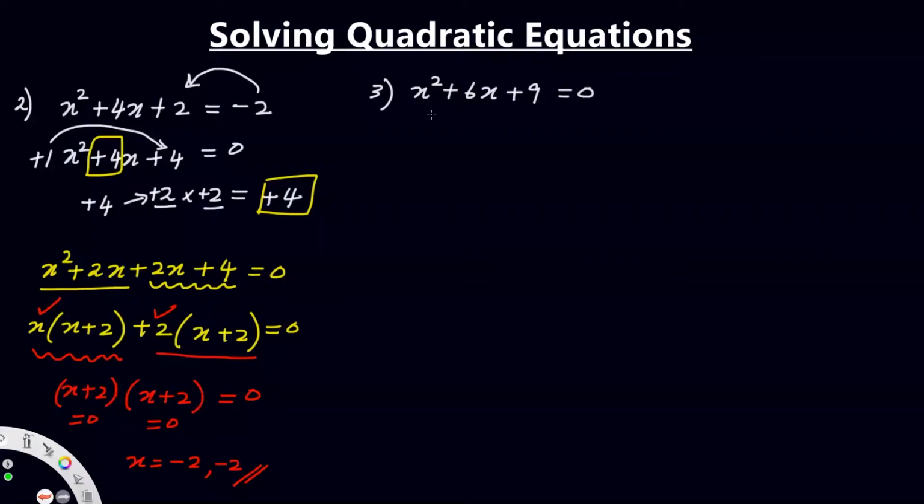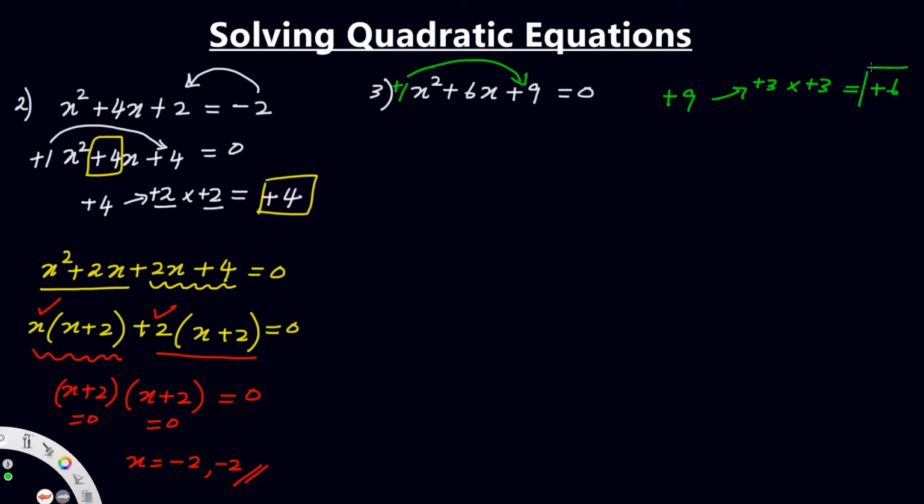Let's talk about another equation. x squared plus 6x plus 9 is equal to 0. Again, the coefficient is +1. If I multiply that with 9, I get +9. +9 can be constructed by using +3 and +3. When you add these together, it's going to be +6.